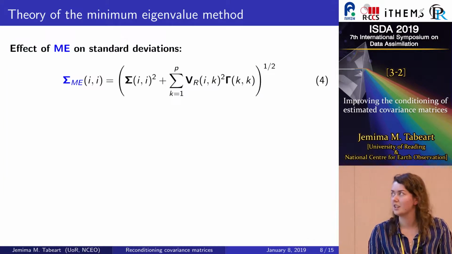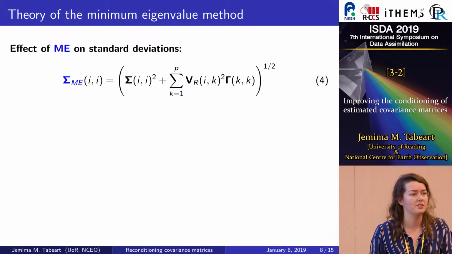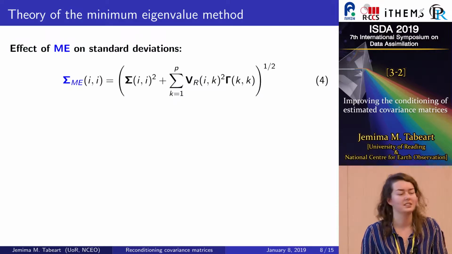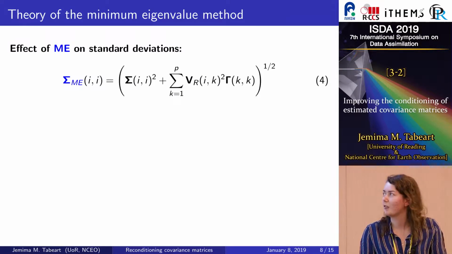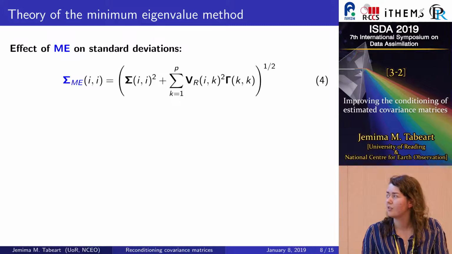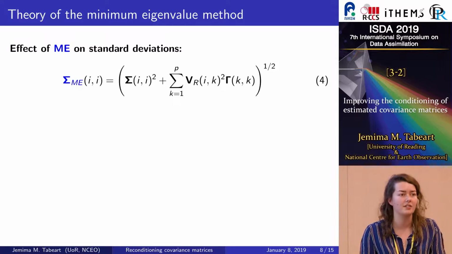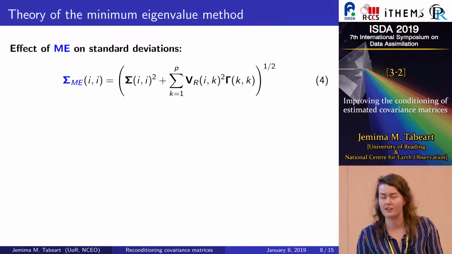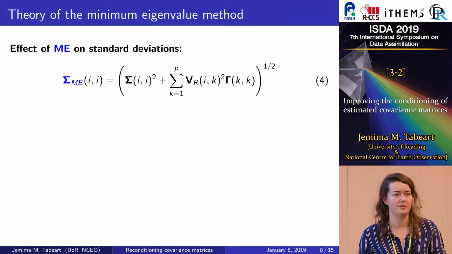Theoretically, what happens to the standard deviations? Well, we have a much less nice phrasing of the standard deviations. We have our updated standard deviations, square root of the old variances plus this term. So VR is the eigenvectors of our original covariance matrix, and gamma was this difference between the threshold and our updated eigenvalues.